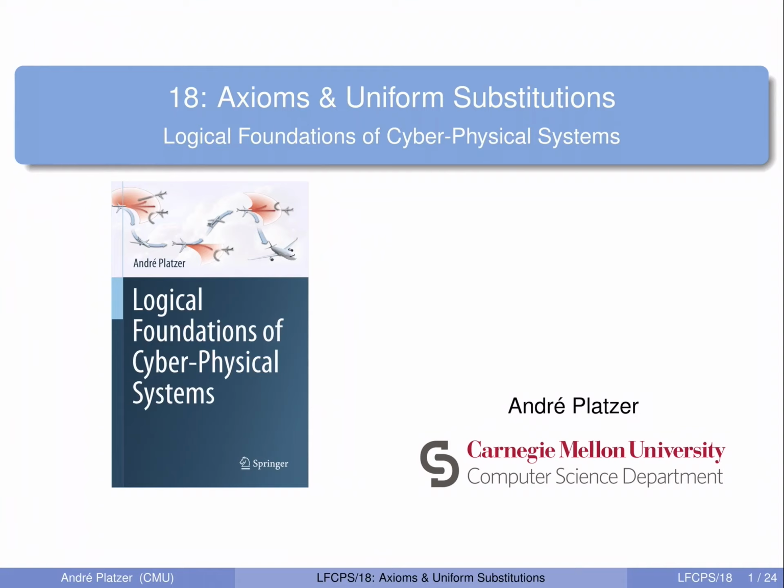For once, unlike in previous chapters, we will not be concerned with identifying new reasoning principles for cyber-physical systems, but rather with how to best implement correctly the ones we already do have. And it turns out that uniform substitutions will be identified as a very simple concept based upon which differential dynamic logic proof systems can be implemented quite easily.